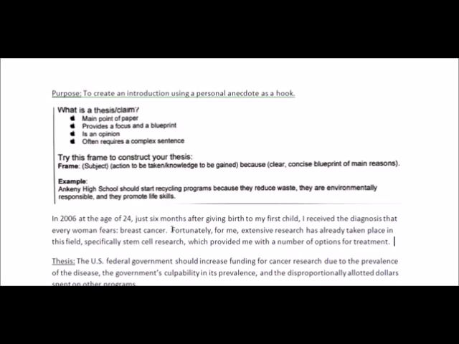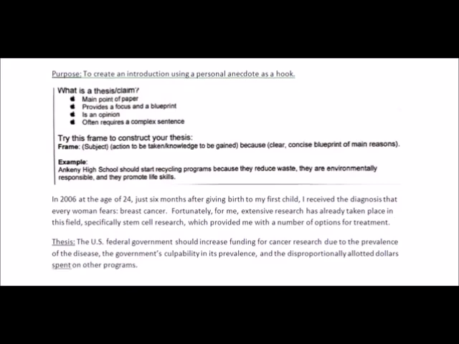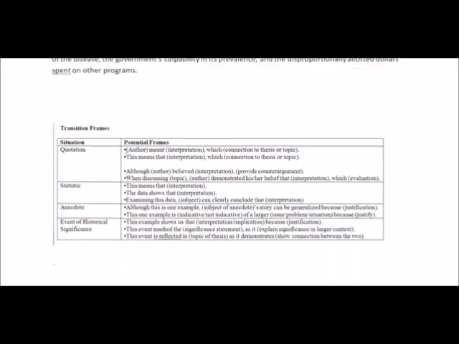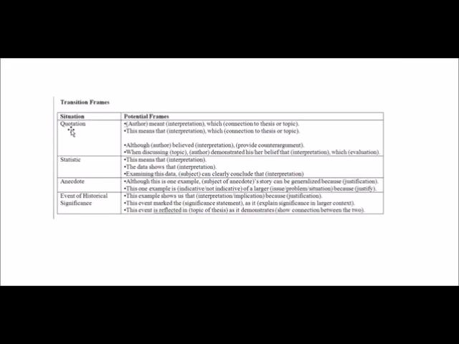Now I need to connect my thesis. So I'm going to briefly take a look at my transition suggestions. If I look at this frame here, I can see that depending on what type of hook I'm using, I have different potential frames. And this isn't the only way to go, but it's one way. So I'm going to use one of these here with the anecdote.